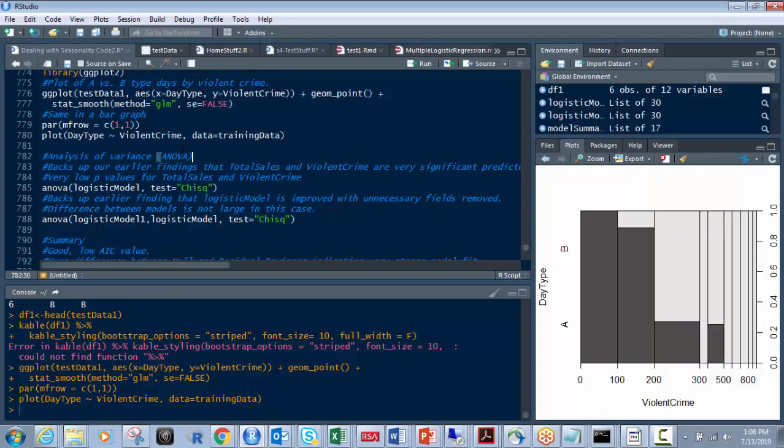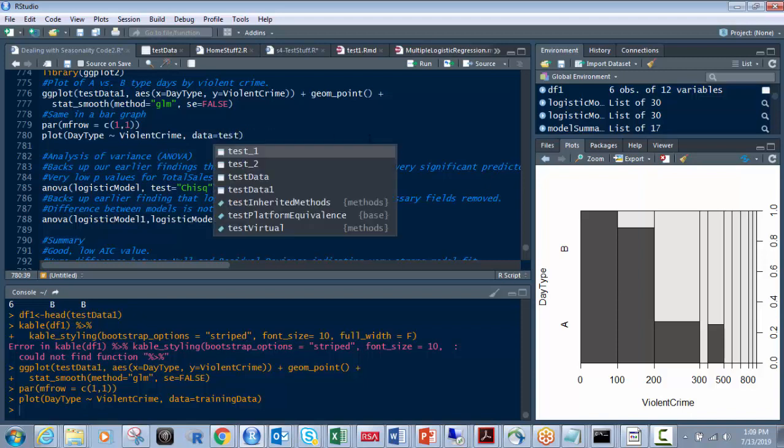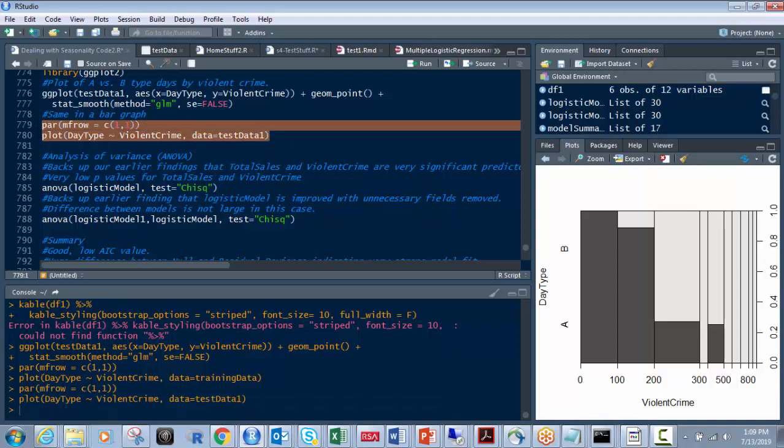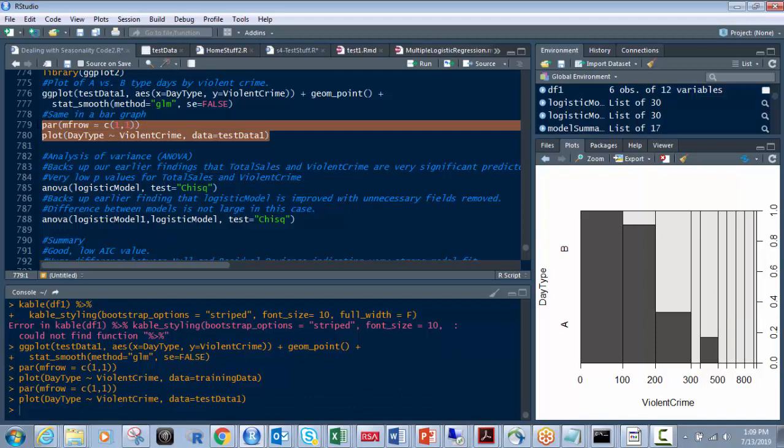Now also, we could have changed this instead of training data. What if we did test data 1? Let's just do that, because remember, test data 1 is our full original data set, right? So let's do that instead. Look at that, same exact thing. So that's what you want to do, look at the original, the test, and the training.